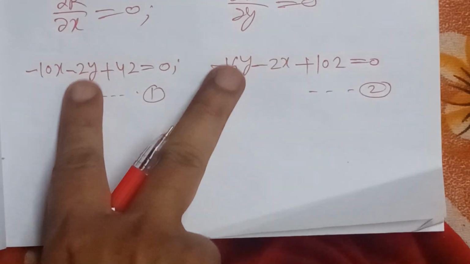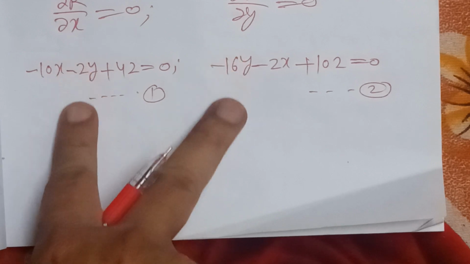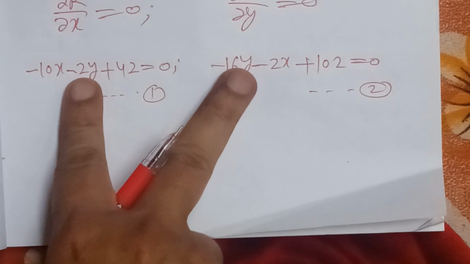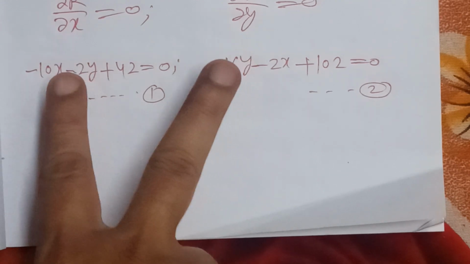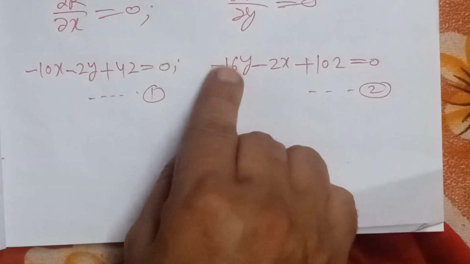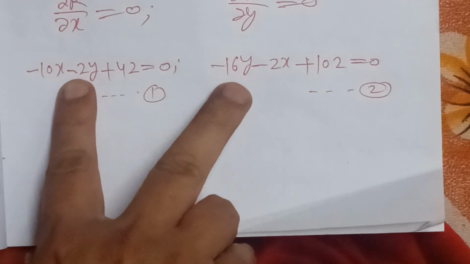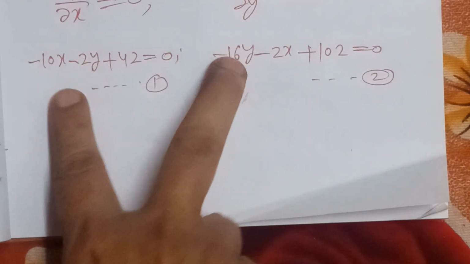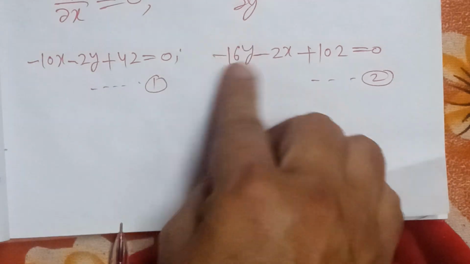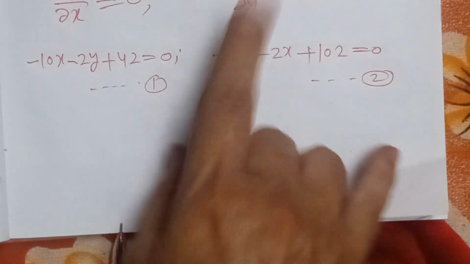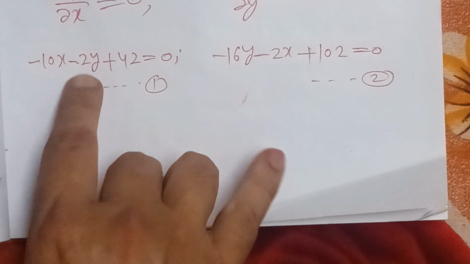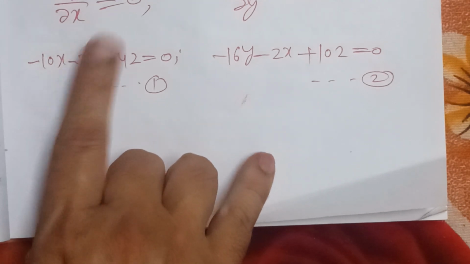For this you have to make the coefficient of y equal. For this you should find the LCM of the coefficient of y in both. 2 and 16, LCM is 16, so you make the coefficient of y 16 in both, but here it is already 16. There is no need to change here, only we have to work here and make this coefficient become 16.